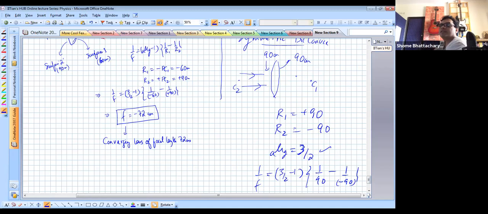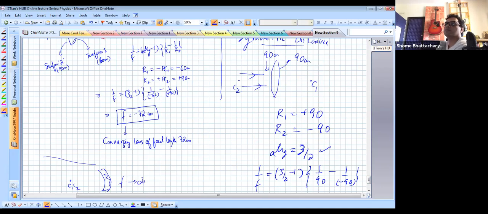Now the case where it can become infinity is different. That is a case like this. When you have a spherical surface of glass, a thin spherical surface, then both the centers of curvature are at the same place. C1 and C2 are at the same place. So that is when your 1/R1 minus 1/R2 will cancel out. So here the focal length will become like 1/0.